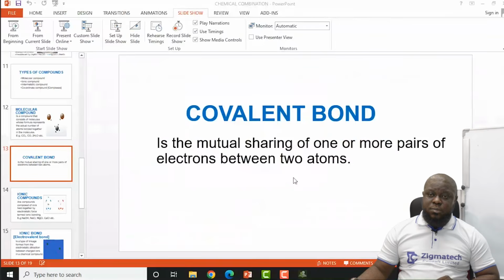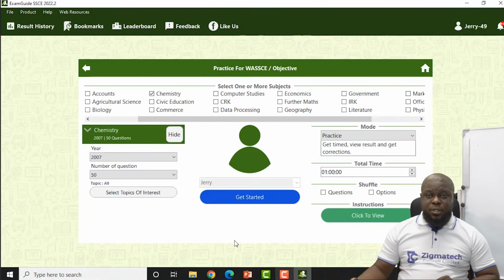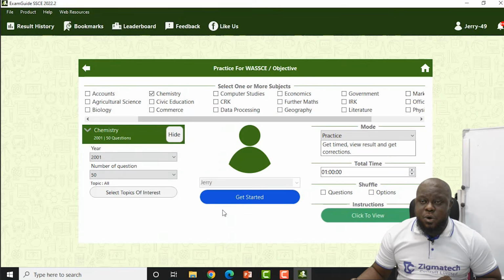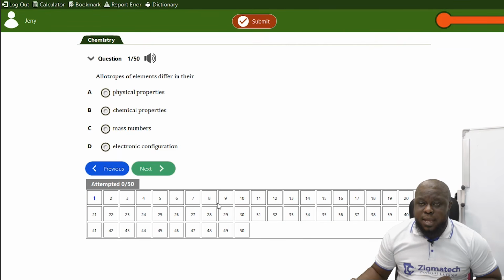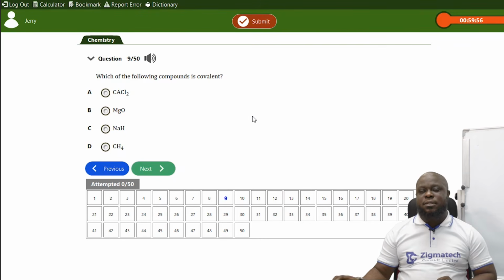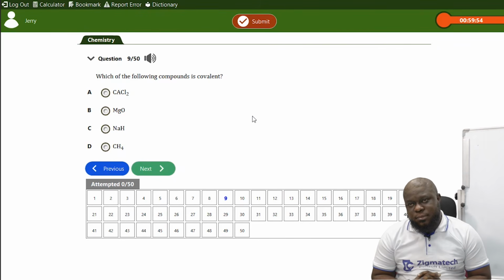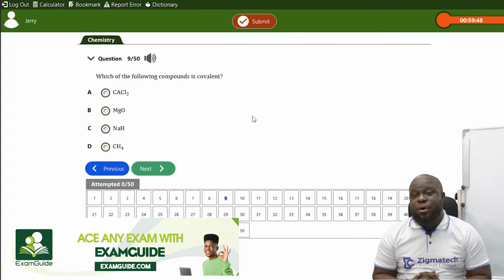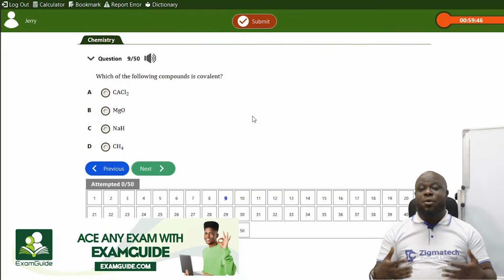Now the last question, because of time, is 2001, question 9. They say, which of the following compounds is covalent? I told you of covalent bonds, which are still molecular bonds.